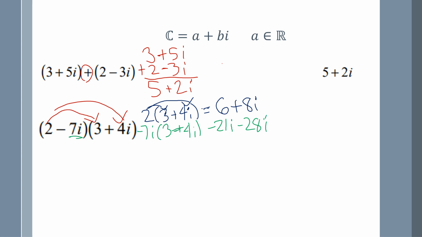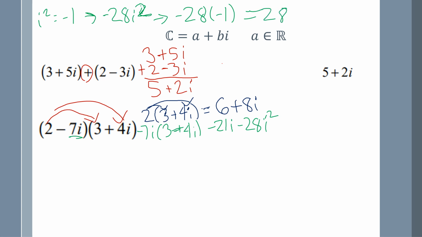Alright? So I know that i squared is negative 1. So this negative 28i squared could be rewritten as negative 28 times negative 1, which gives me a positive 28.